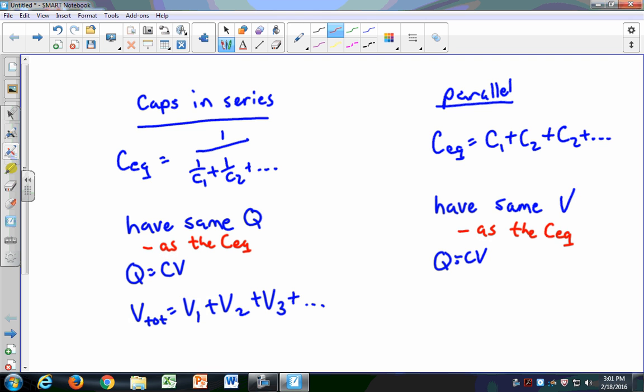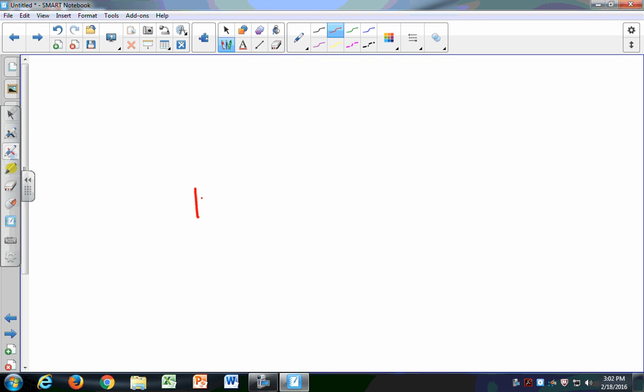So let's start first with a series capacitor, 3 capacitors in series. So imagine I have a battery. I have 1 capacitor, 2 capacitors, 3 capacitors.